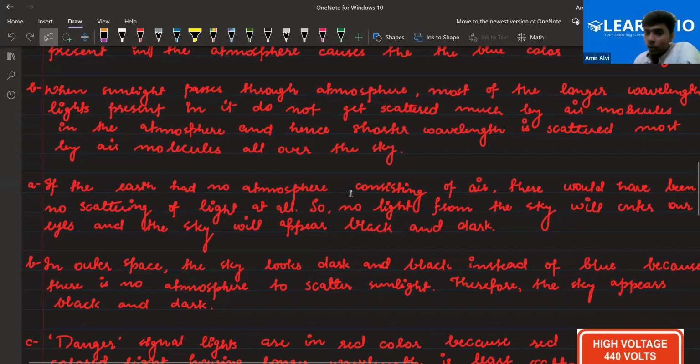If the earth had no atmosphere consisting of air, there would have been no scattering of light, because if there is no atmosphere, it means that no particle will be there, so no scattering of light will happen. Okay, so that's why the sky will appear black, similar to the outer space, because there is no atmosphere in the outer space, so no particle is there, gas particles or something like that. So that's why there is no scattering of light.